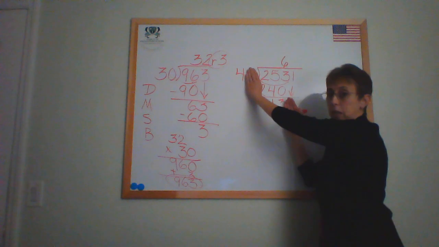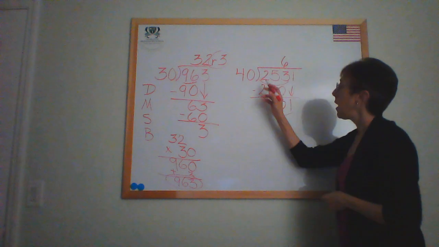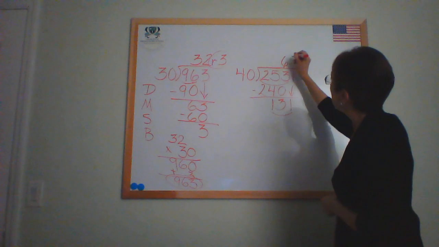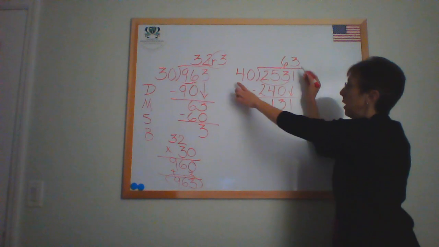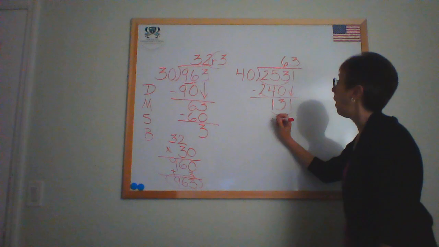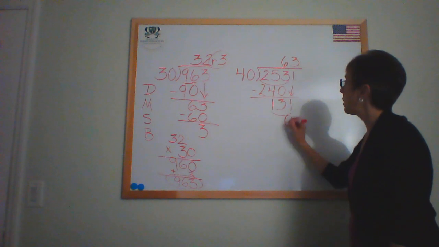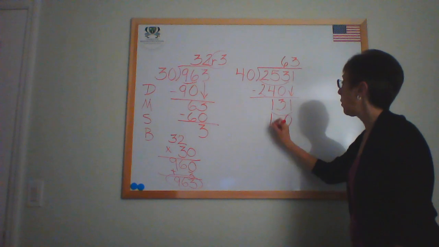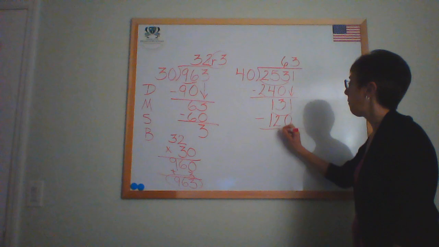Our basic fact here would be 13 divided by 4. Okay, and 13 divided by 4 would be 3 because 3 times 4 equals 12. Okay, so here now we know that 3 times 0 equals 0 and 3 times 4 equals 12. We write that down and we subtract.